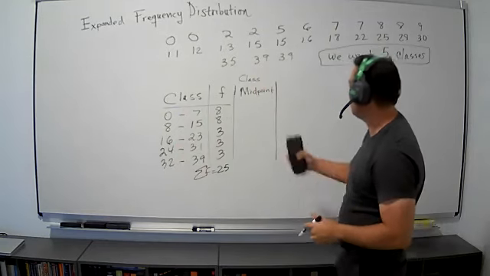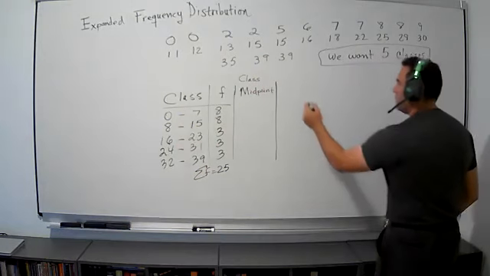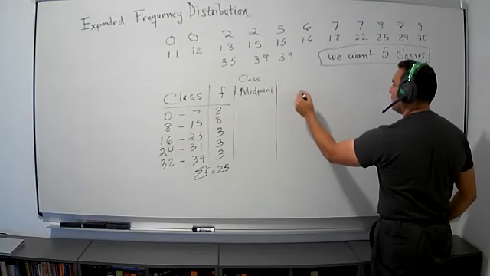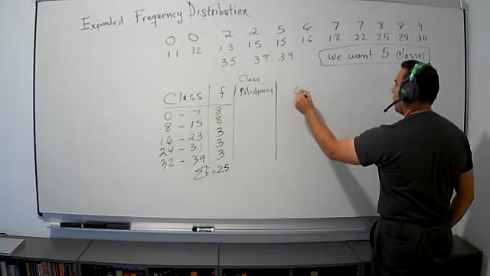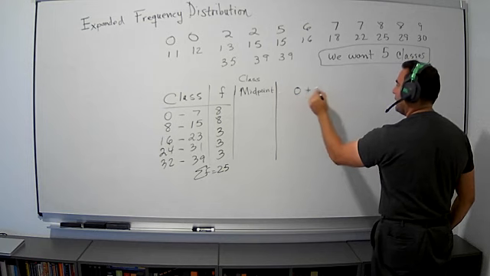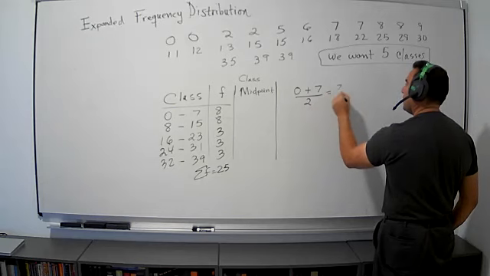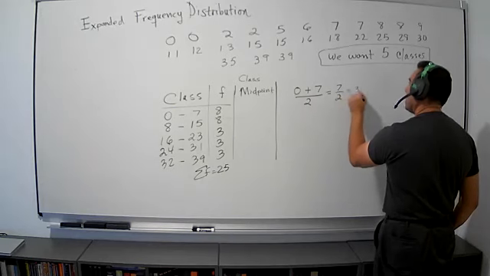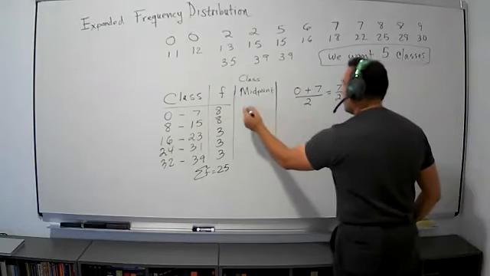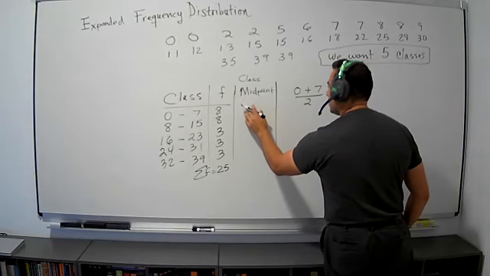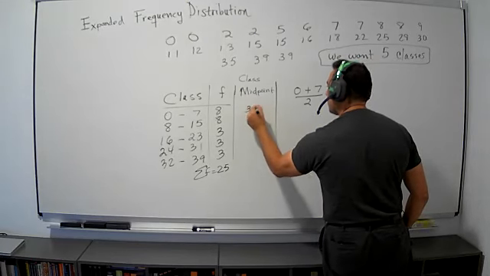So how do we do class midpoint? We take the lower class limit, add the upper class limit, and divide it by 2. 7 divided by 2 is 3.5. So the class midpoint here will be 3.5.